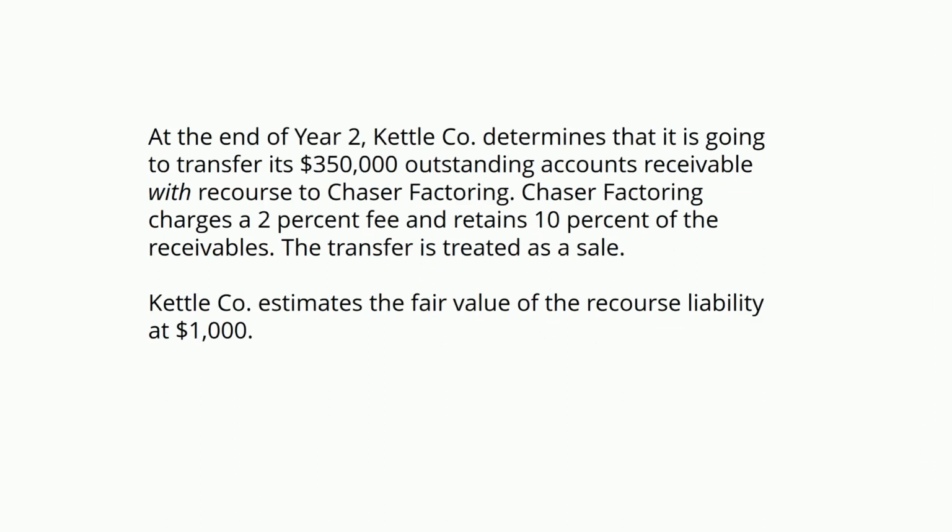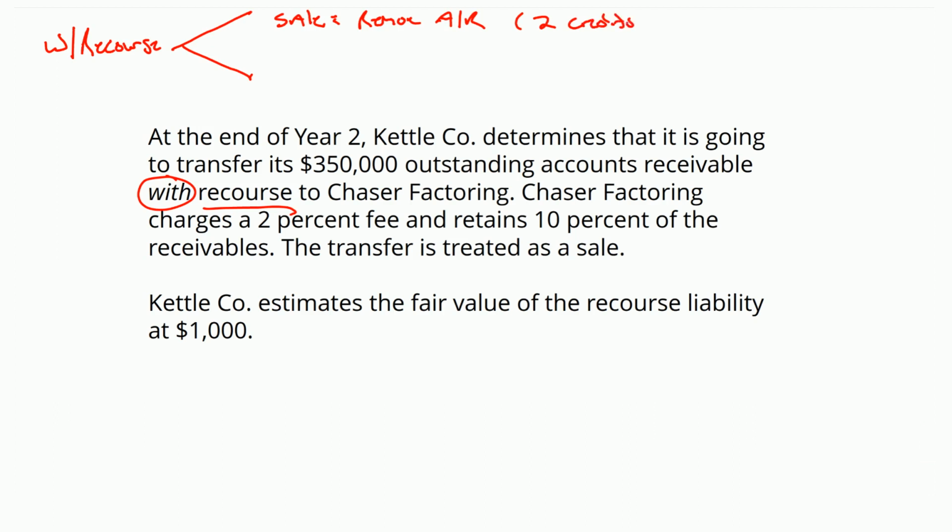Okay, now they tell us we're going to transfer $350,000 of our outstanding accounts receivable, but this time it's with recourse. Okay, it's a transfer with recourse. So whenever we have a situation where it's a transfer with recourse, it could be treated as a sale, in which case we would remove the accounts receivable, but we're going to have two credits, as you're going to see.